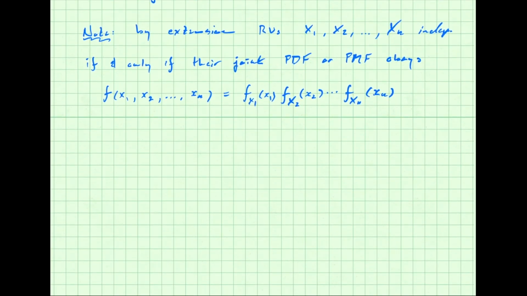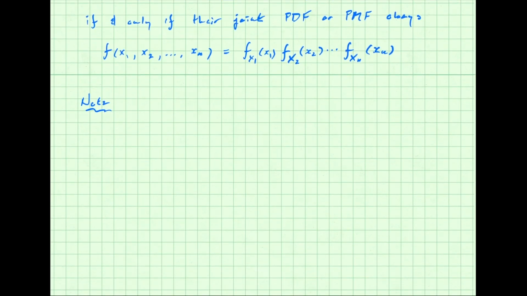Okay, I want to make one other note or comment. It really is important that the independence kind of only goes one way. Let's just make the statement and you can see what it says.